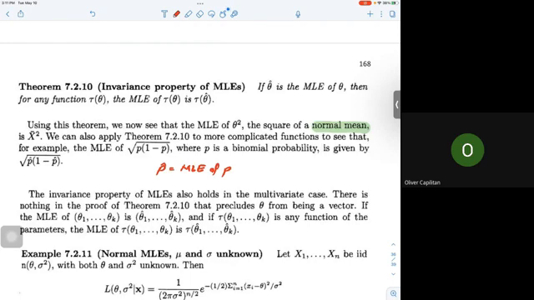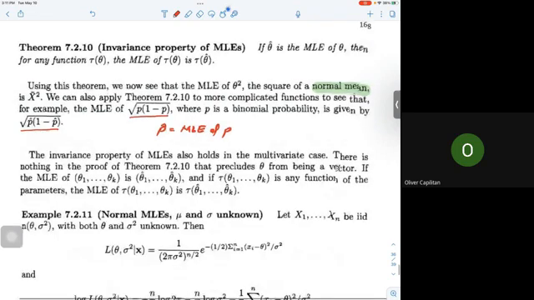So if this is our function of p, then the estimator would be a function of our maximum likelihood estimator of p. That's according to theorem 7.2.10.